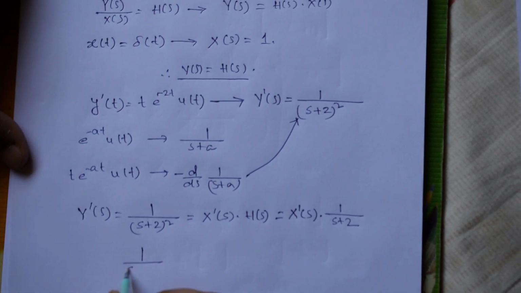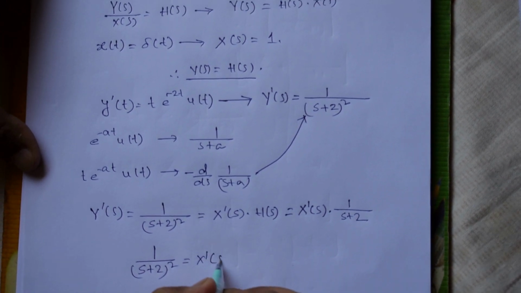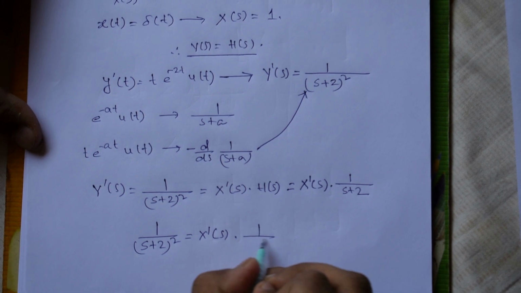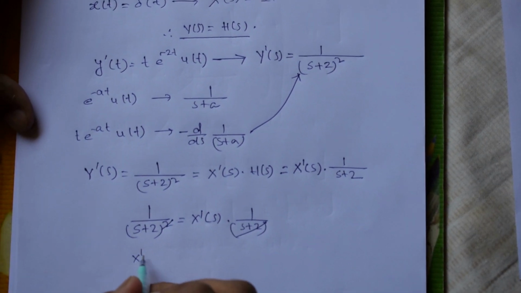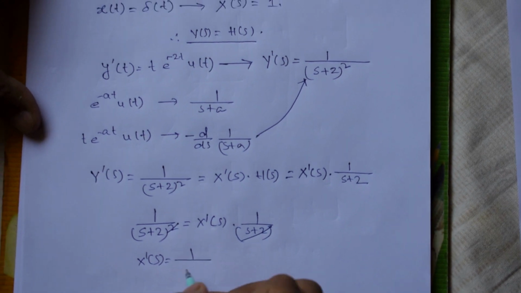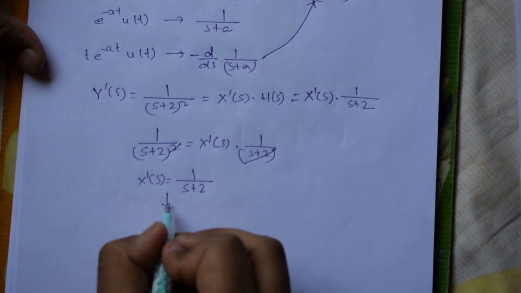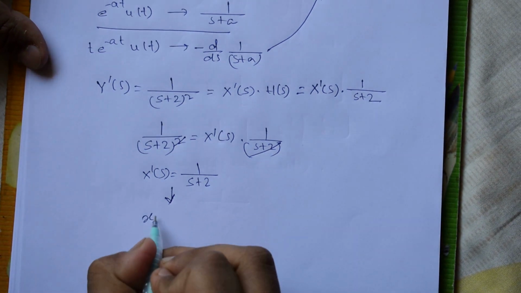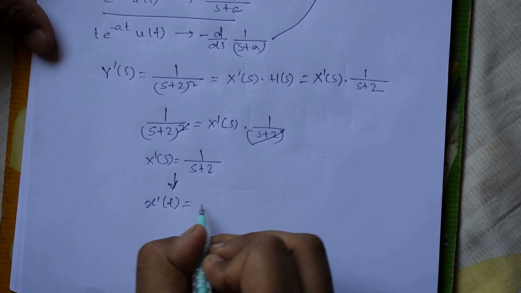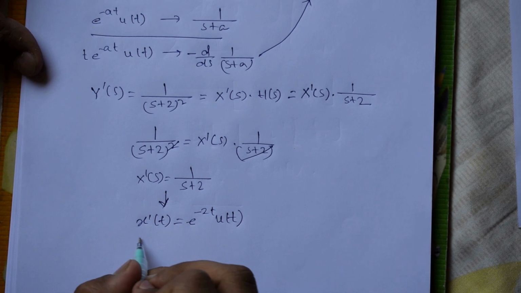So 1 by (s plus 2) whole square equals X dash s into 1 by (s plus 2). If we cancel 1 by s plus 2, our X dash s equals 1 by s plus 2. Now we need to do the inverse Laplace transform of this one. Again I will use this formula. So x dash t is equal to e power minus 2t u(t). So this is our required input.